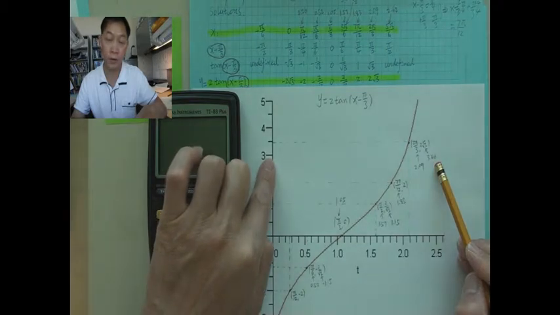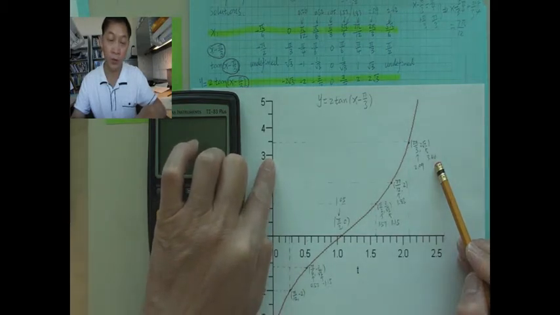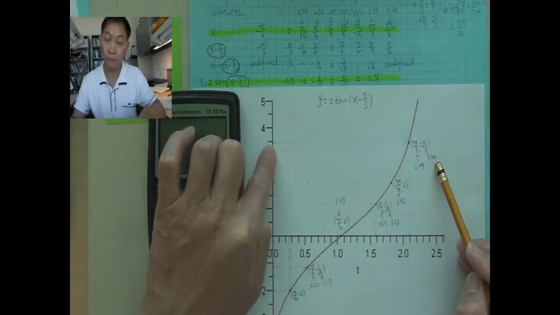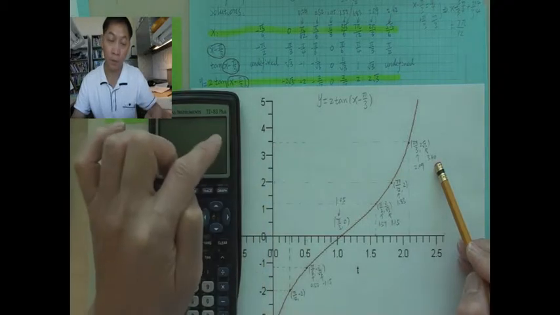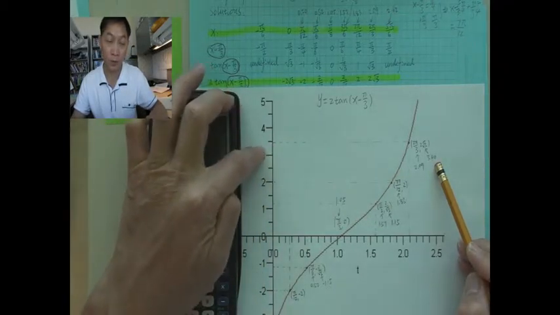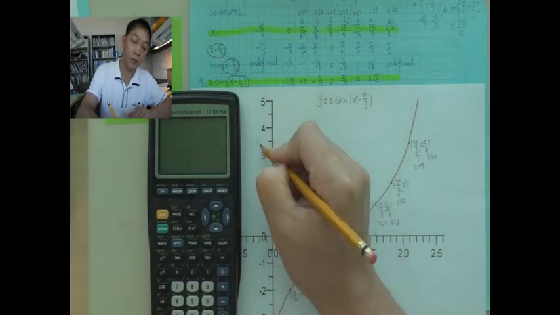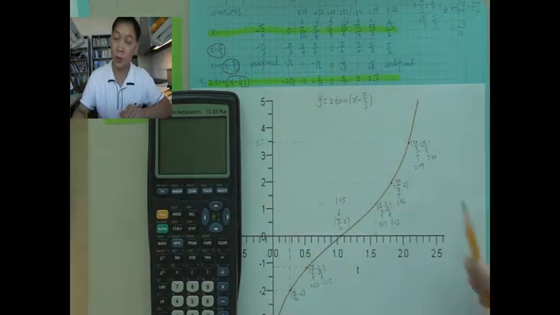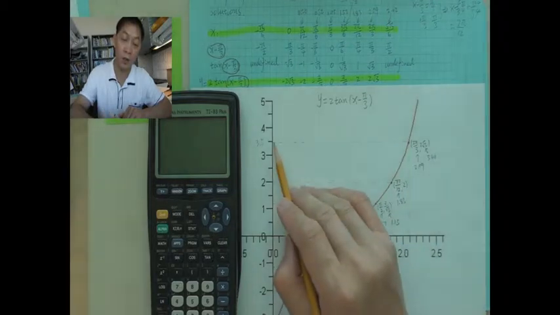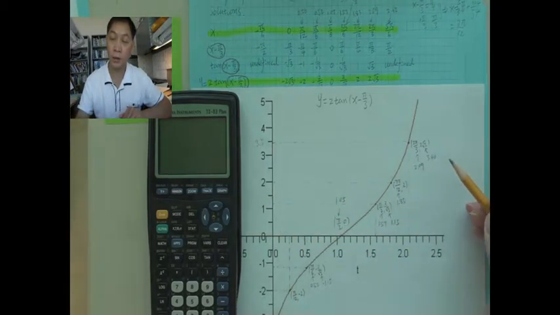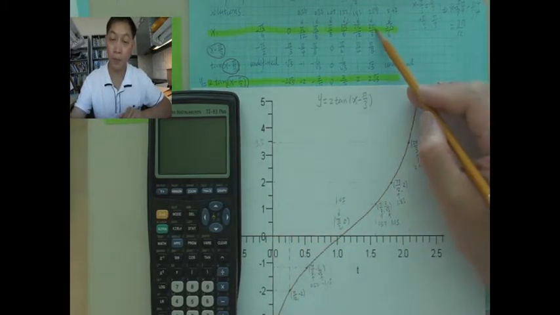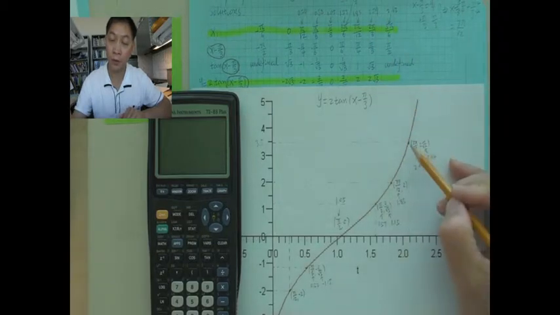Here is 3, and then 3.46 is roughly this tall, because here is 3.5. We put 3.5 here. So 3.46 is slightly lower. So you have an x, you have a y, then you have a point.